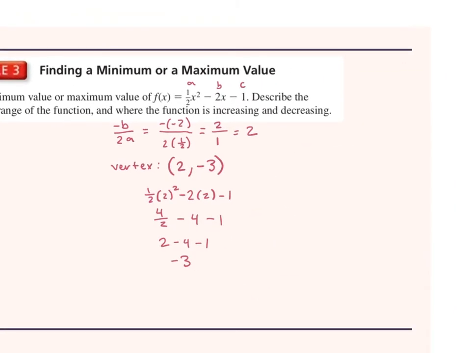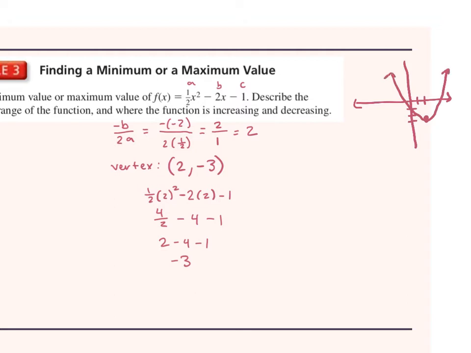Now, if we were to graph this, just a rough estimate of our graph, we can put our vertex, which is at (2, -3). Is our graph going to open up or open down? Open up. It opens up because our a is positive. So our graph opens up.